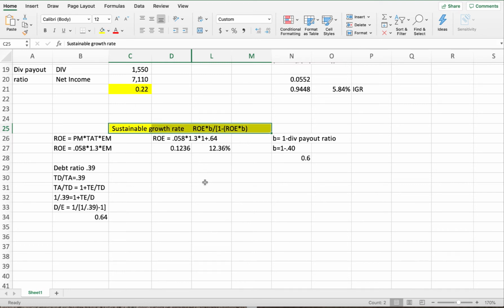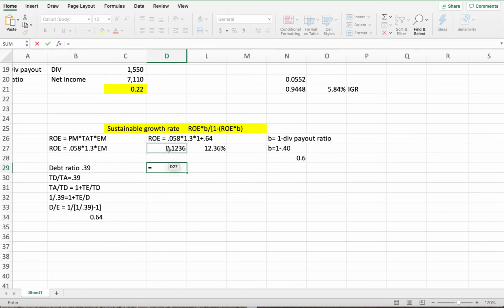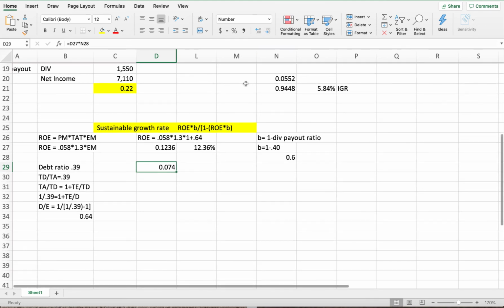So now I can go ahead into my sustainable growth rate equation. Since I calculated the ROE, since I calculated the plowback ratio, I can go ahead and calculate what is my sustainable growth rate, right? So here's what I'm going to do. The ROE times B ends up being 0.074.